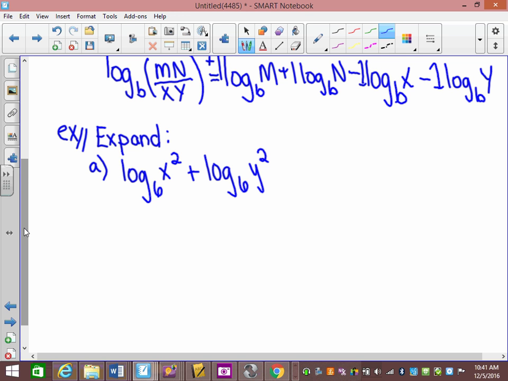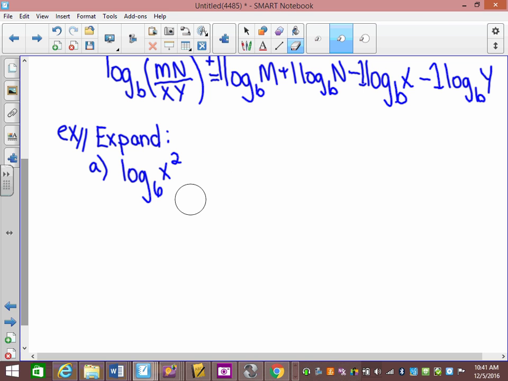So we're going to expand log base 6 of x squared plus log base 6 of y squared. Expand. I wrote out the answer. Whoops. It should be written like this. Expand that.